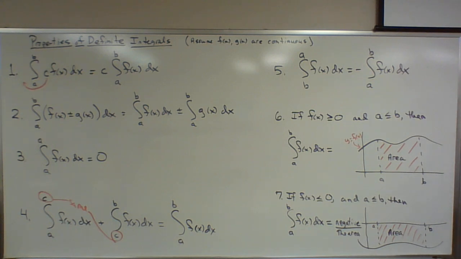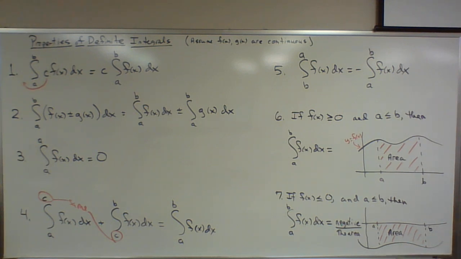And our last property: suppose f of x is non-positive, in other words, less than or equal to 0. In this case, the graph of f of x, and here it is right here, lies completely below the x-axis.